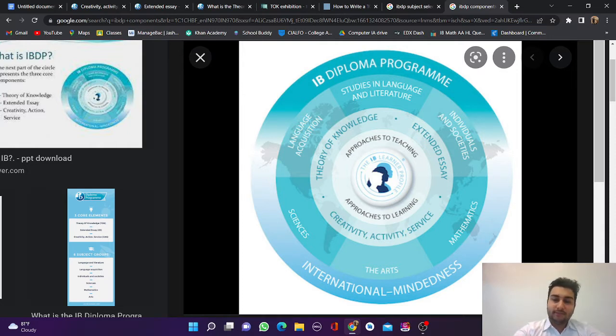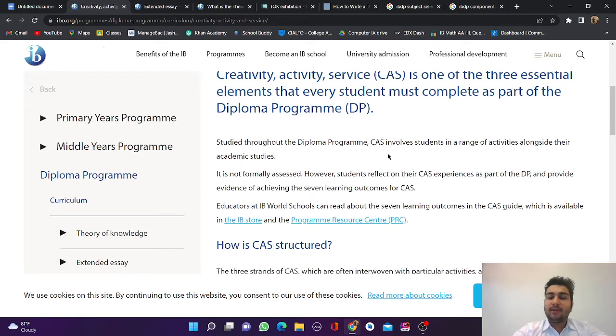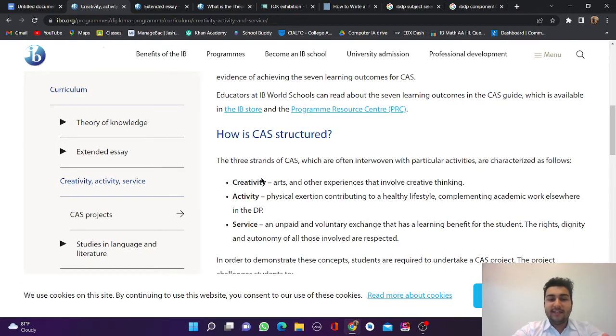So the first part of the IB Diploma program are the three core components. The first core component is the CAS. So the CAS stands for Creativity, Activity, and Service. So the CAS program enhances the students' personality, and the first component, the creativity, includes any experience which involves creative thinking.